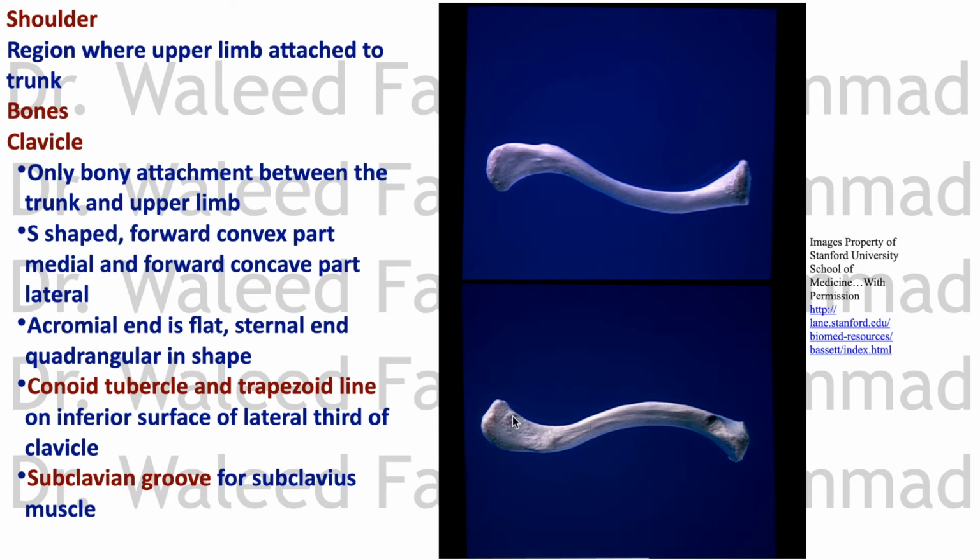This is the trapezoid line and this is the conoid tubercle. These are parts of the coracoclavicular ligaments. It's composed of the trapezoid ligament and the conoid ligament. So these are the marks you can see on the inferior surface. The superior surface has nothing on it. It's subcutaneous and nothing is attached to it.